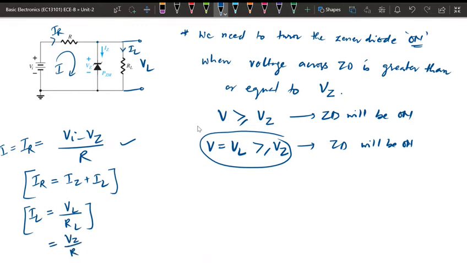So we get Vz divided by RL equals IL. So these are the basic equations that will be used for the analysis of this circuit.